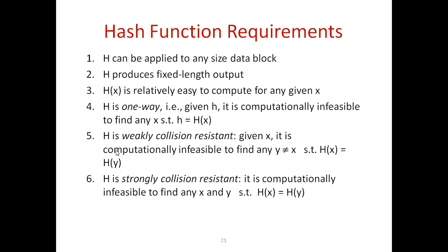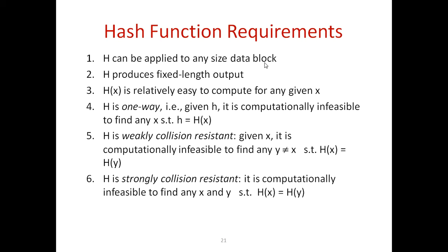There are also some requirements for hash functions, also called properties, which we discussed in the last class. H means hash function. H can be applied to any size data block, any size message. The message may be very big, maybe 1 MB, 2 MB, 5 MB, or sometimes 1 GB.